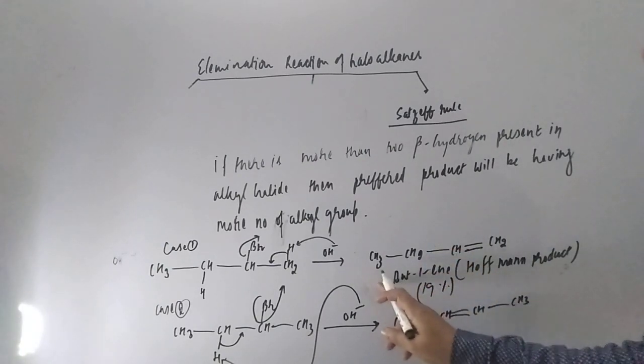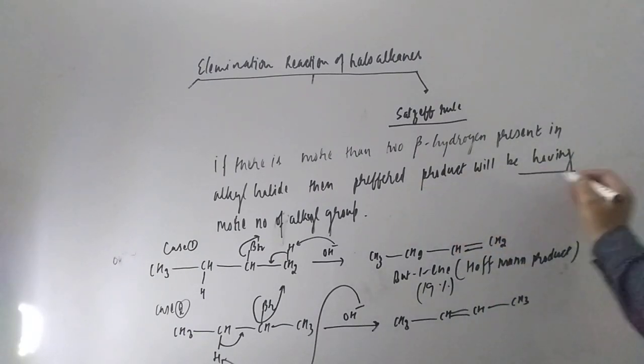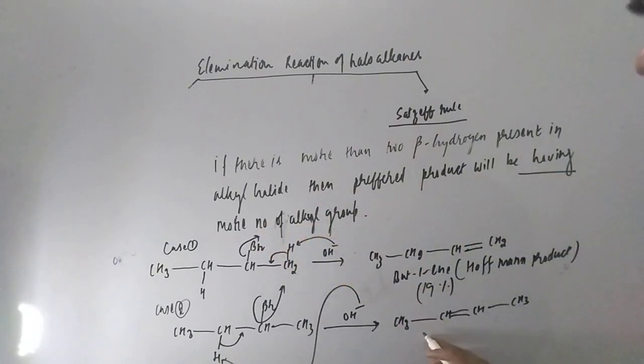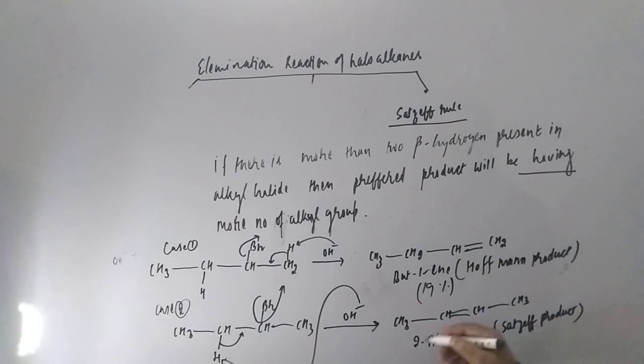So how many alkyl groups are there? Here is only one alkyl group, students, here are two alkyl groups. So the product will have more number of alkyl groups, so two alkyl groups. Two alkyl groups present means this is the Saytzeff product. Now if this is the Saytzeff product, students, how much does it form? 81%.